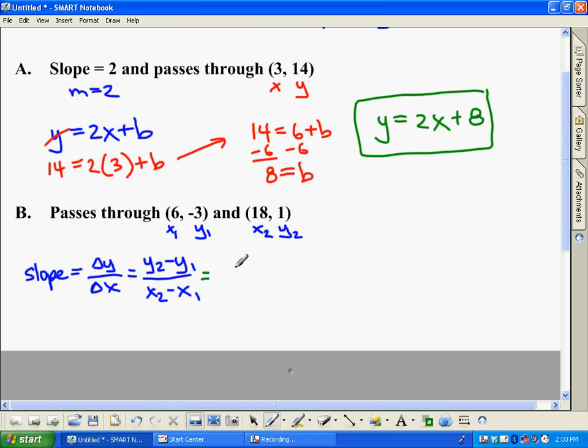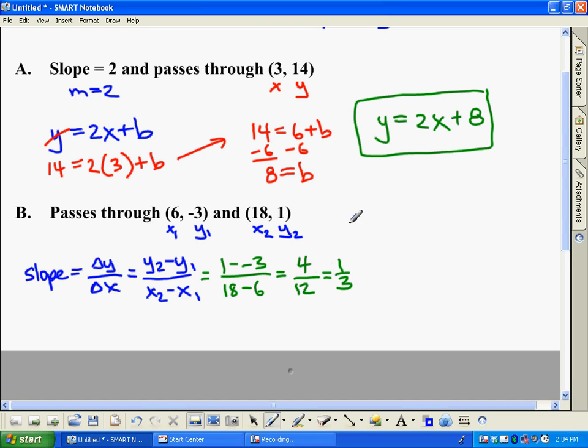Well, y2 is 1 minus, and what is y1? Well, it's negative 3. Also, x2 would be 18, and x1, excuse me, there would be 6. So 1 minus a negative 3 would be a positive 4. And 18 minus 6 is 12, and that means 1/3 is our slope.